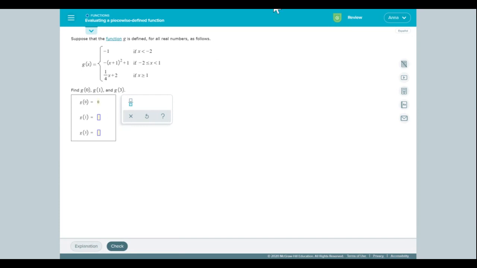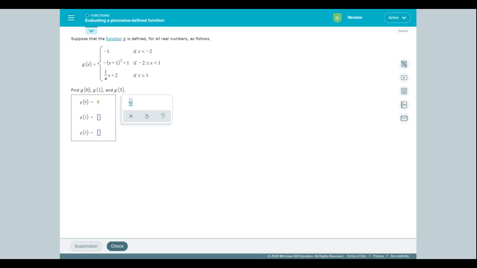For the second one, 1. 1 is at one of those barrier points. So I have to figure out, am I going to use that second definition, negative x plus 1 squared plus 1, or do I use the 1/4 x plus 2? If I think about this, I have to look at the sign. It says if x is greater than or equal to 1, we use that last one.